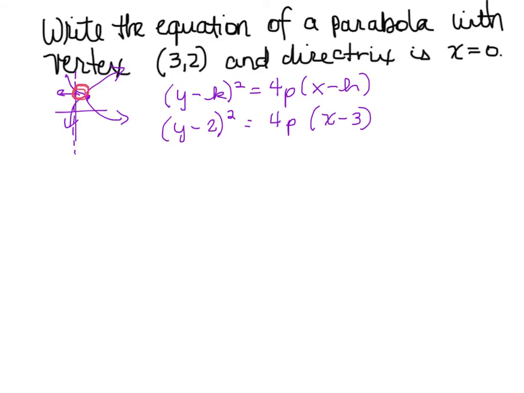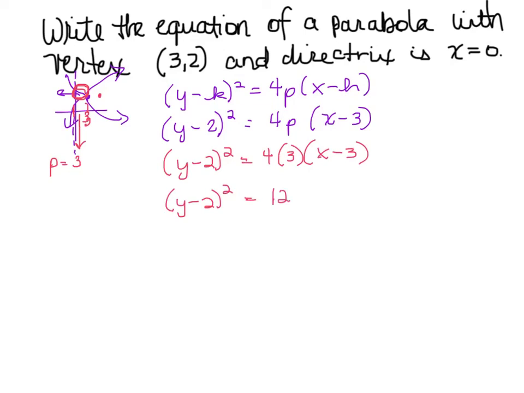From my x, which is 3, to my x equals 0, this distance would be 3. So that means that p is 3, because my focus is going to be positive 3 on this side. So my final answer would be y minus 2 squared equals 4 times 3, x minus 3. So y minus 2 squared equals 12 times x minus 3.